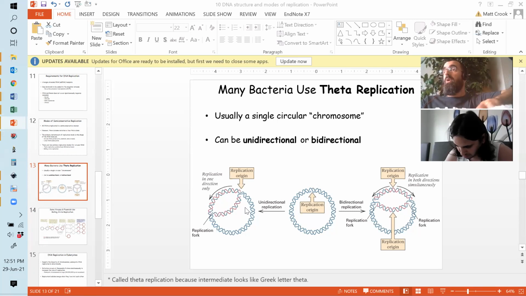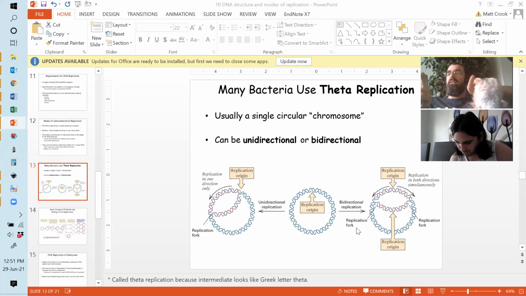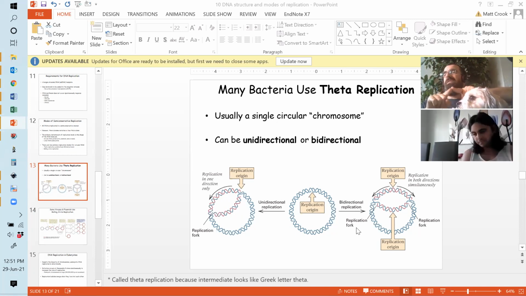Okay, and so obviously with bidirectional replication, those two replication forks spread further apart until they end up meeting pretty much on the other side of the circular chromosome from the replication origin.